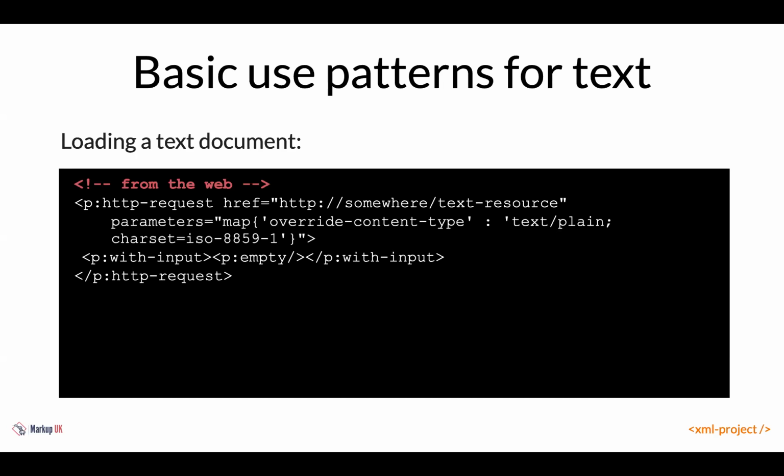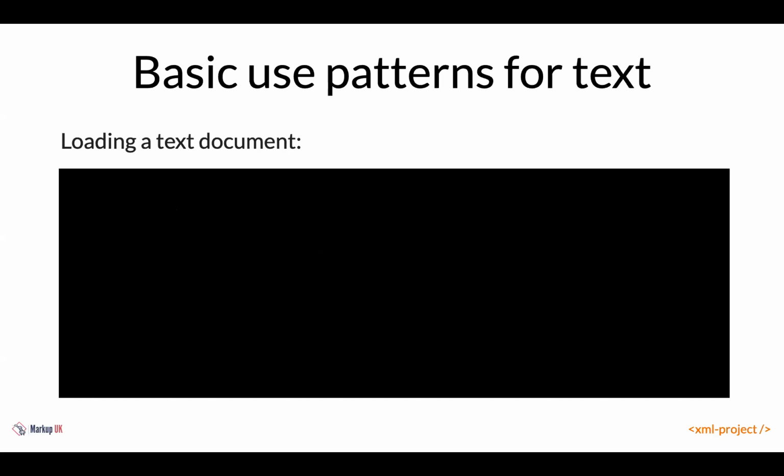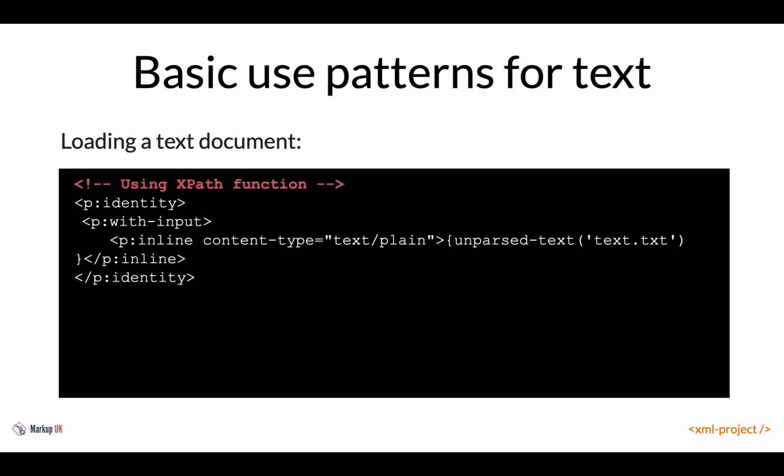The last way to do text loading is using the XPath functions. There are two nice XPath functions here. The first one, unparsed-text, will load this text document and create a text document. So you see, I use the TVTs here, so the XPath expression inside this is evaluated and returned.